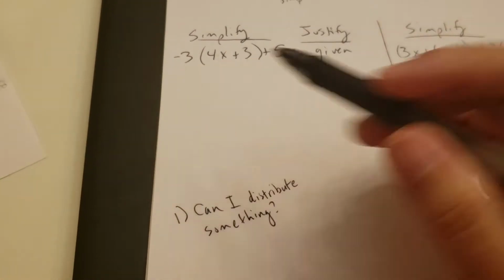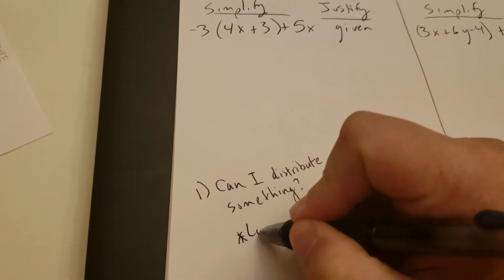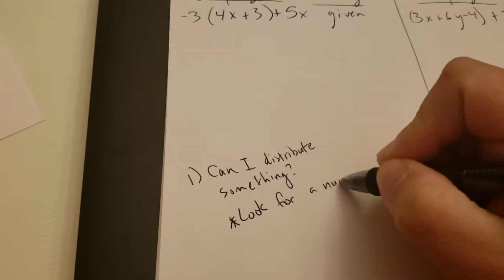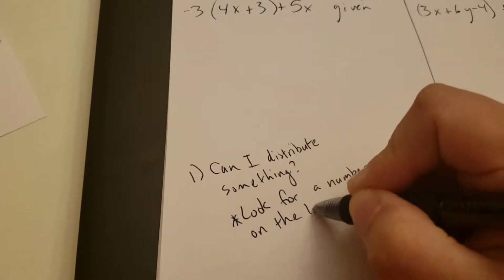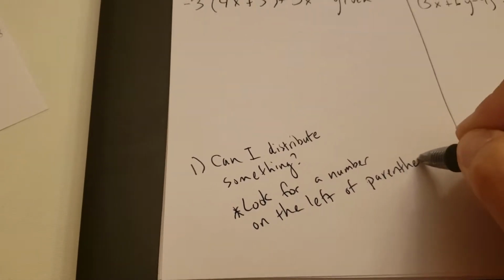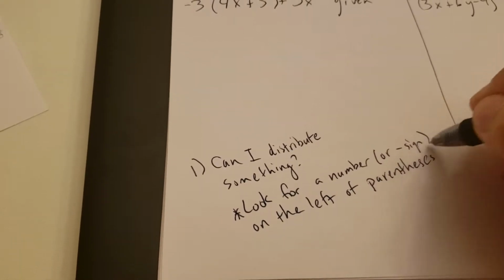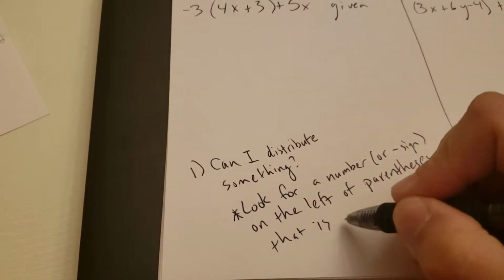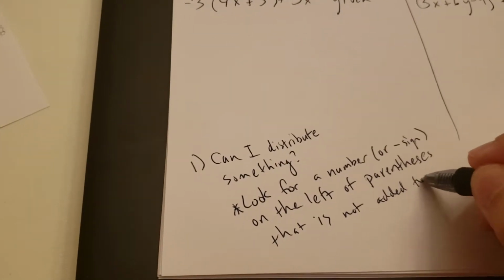So to look for distributing, look for a number outside on the left side of parentheses, or I should say a negative sign, because you can distribute that as well, on the left side of parentheses, that is not added to the parentheses.